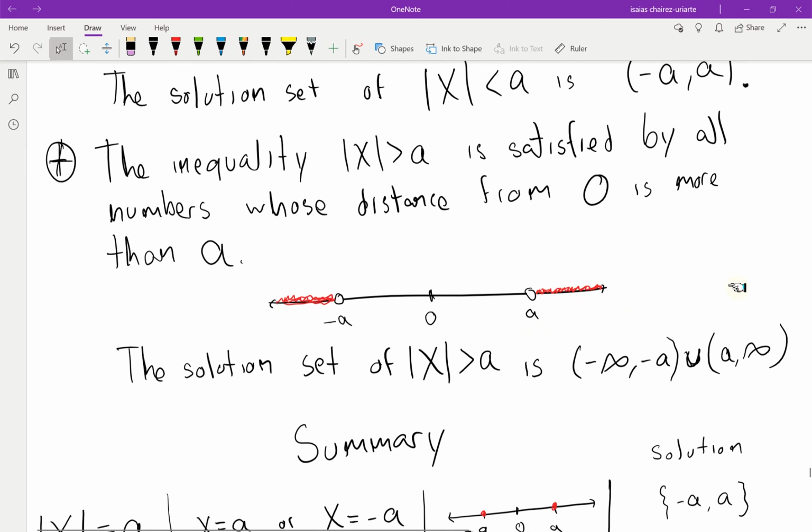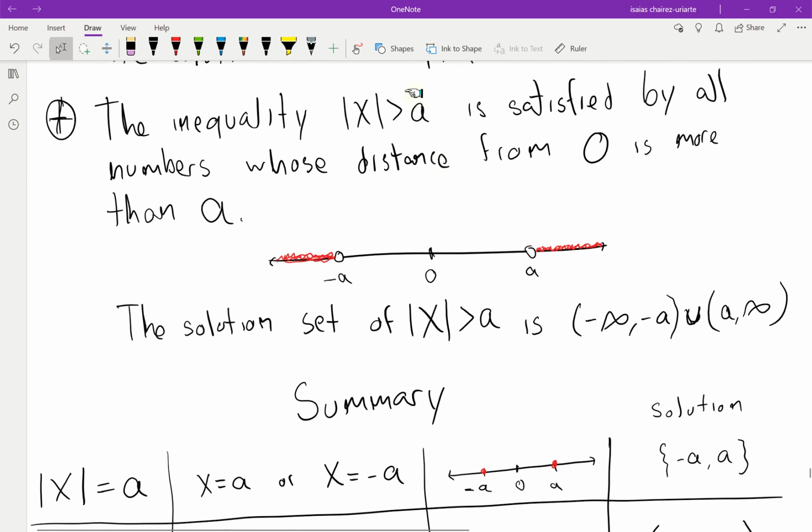Now this other inequality, the absolute value of x is bigger than A, is satisfied by all the numbers whose distance from 0 is more than A. So you have to be more than A away from 0.